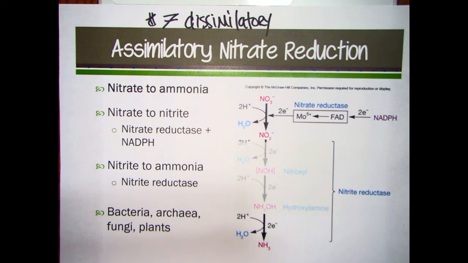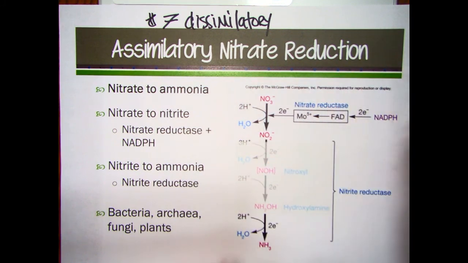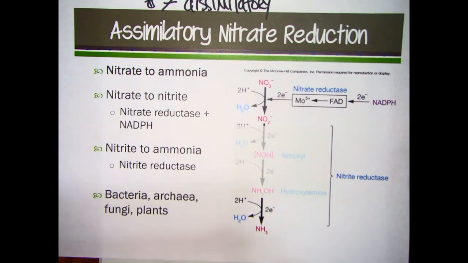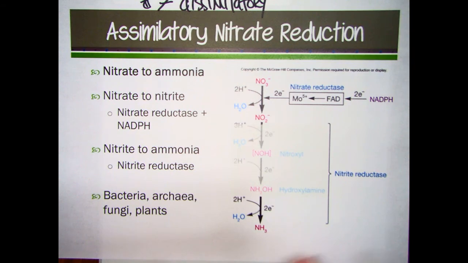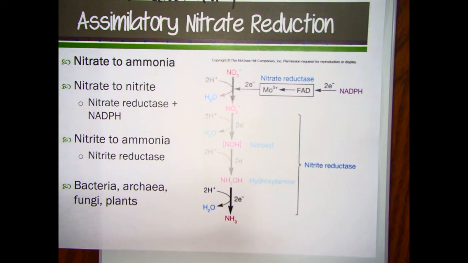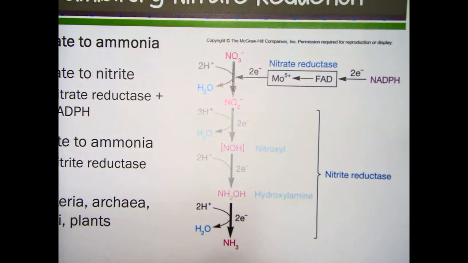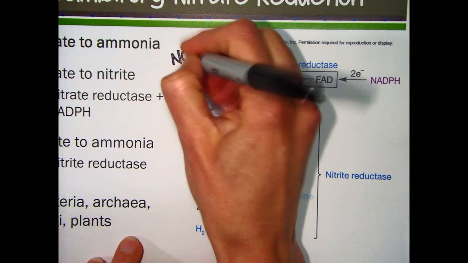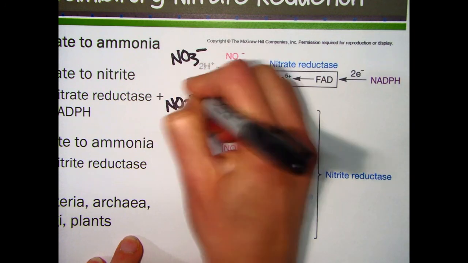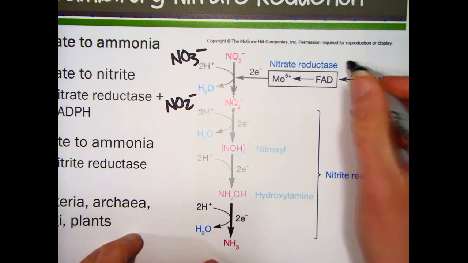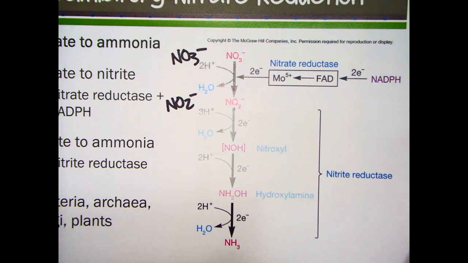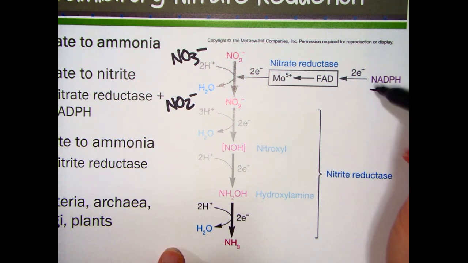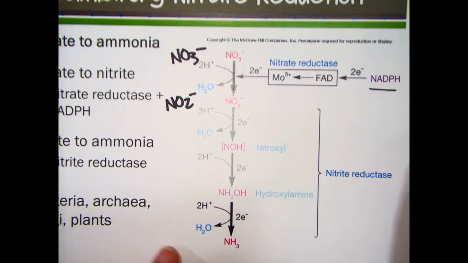The process that we care the most about, because it is the one that makes ammonia, is the assimilatory nitrate reduction process. And this has two steps. Let me see if I can zoom in over here. Step one is nitrate, which is NO3 minus, to nitrite, which is NO2 minus, and this is done by an enzyme called nitrate reductase. You can see that the electrons come from NADPH, and then they go to FAD, and then they go in.